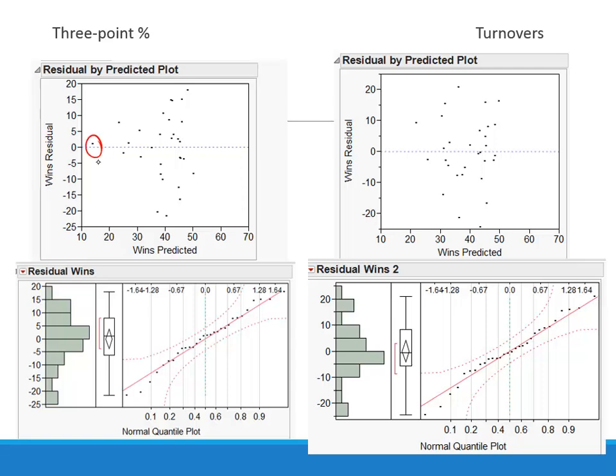Maybe that point is causing that to look a little bit strange, but I would say these residual plots are fine. Looking at the previous slide, if the correlations were as they were, but one of these plots looked really terrible, then that would maybe help you choose which model to use as well. Again, I think these plots don't look concerning. I think we can stick with the 3-point percentage shooting here.